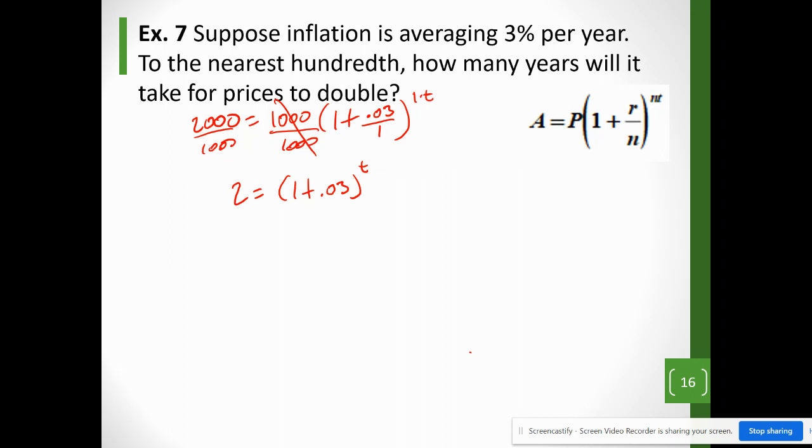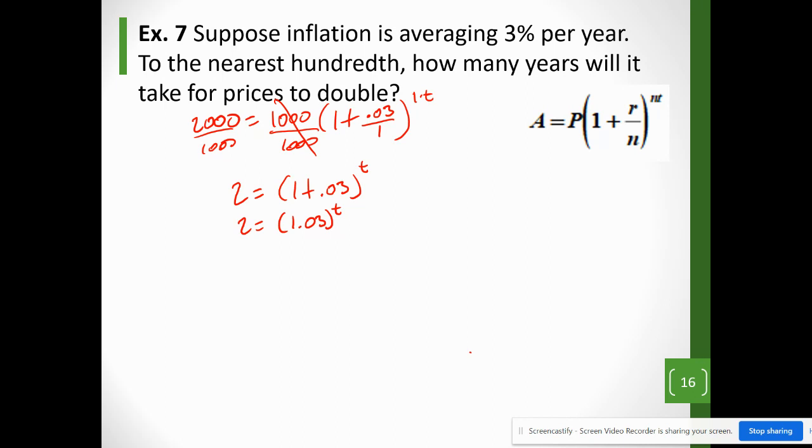And then 1 times t as my exponent is just t. So I can say that I have 2 is equal to 1.03 to the t. All right, I combine my parentheses, 1 plus 0.03. Isn't that 1.03?